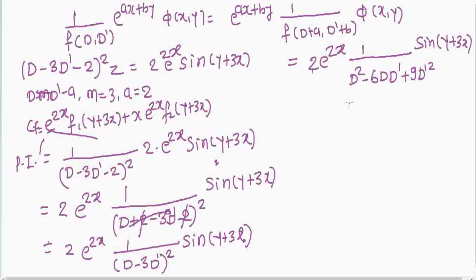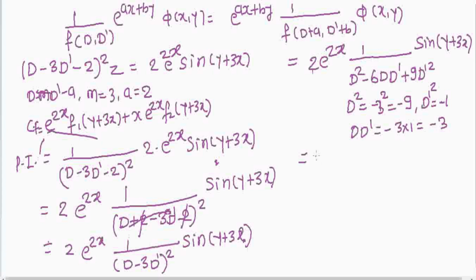Now D square means minus a square, minus 3 square, which is minus 9. D dash square means minus b square, and b is 1, so minus 1. D D dash means minus ab, which is minus 3 into 1, so we have minus 3.